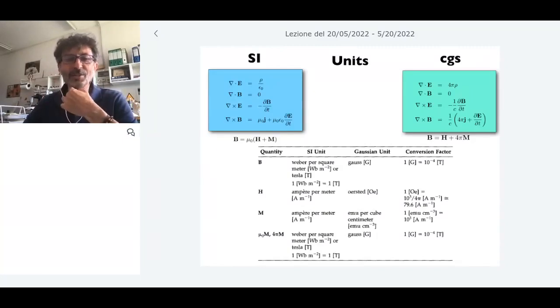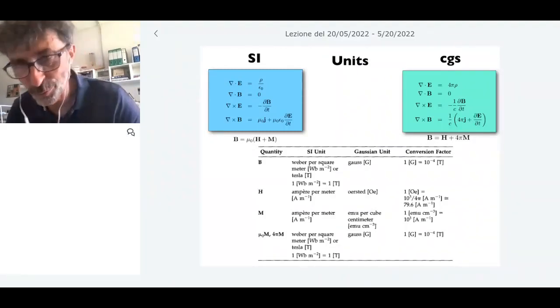For Maxwell equations, not only do we have different units between the international system and the CGS, but the problem is that we have different equations, and this creates a big confusion.